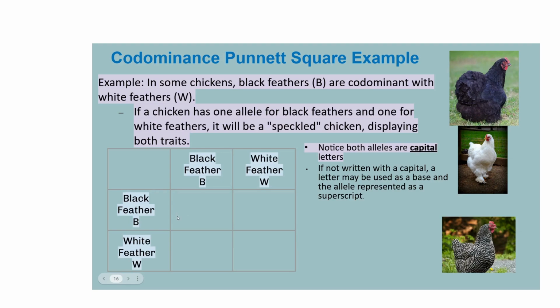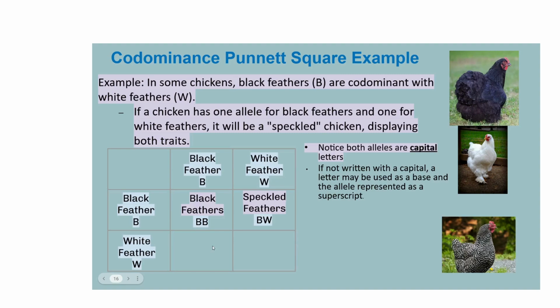Okay, so finally we are going to use the same method. We're just going to pull down and pull over. The first box, you are going to get B, B. This has two alleles for black feathers, so this offspring will have black feathers. In the next box, you pull it over and down, and you get B and W. This has one allele for black and one allele for white, so it will be speckled, both black and white.